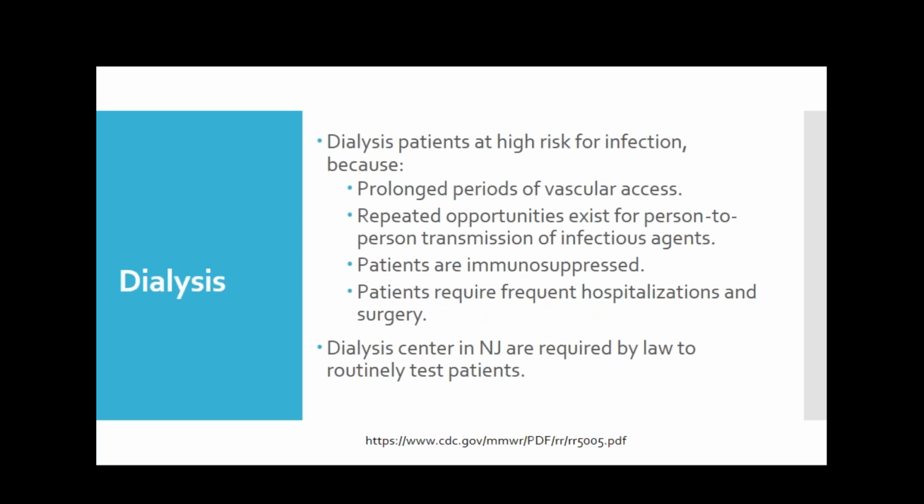They are exposed to prolonged periods of vascular access. There is a lot of opportunity for person-to-person transmission of agents. Most times, these patients are immunosuppressed, and many of these patients require frequent hospitalizations and surgery.